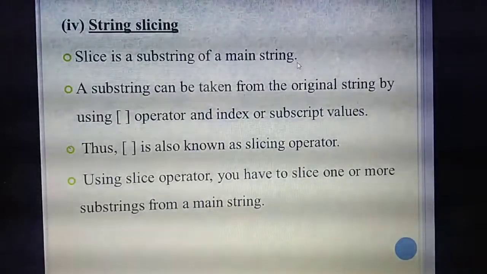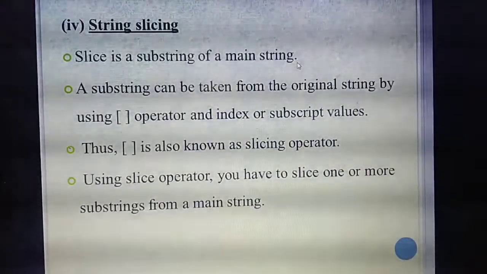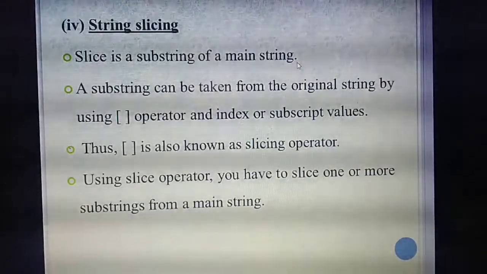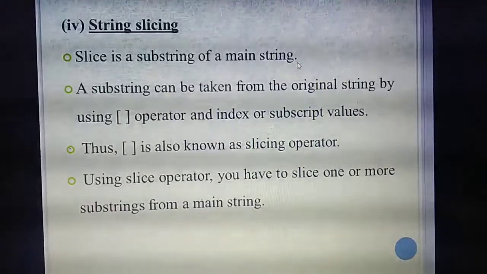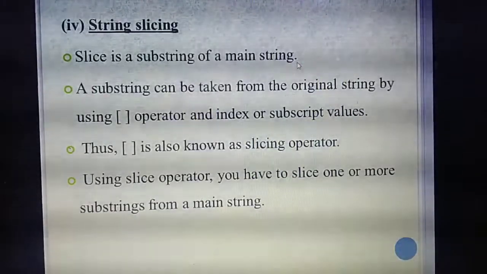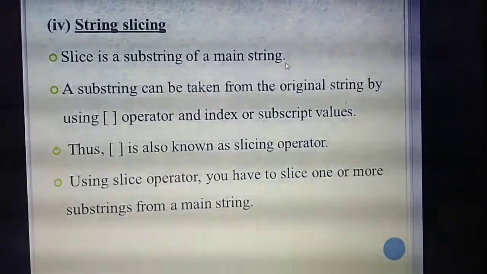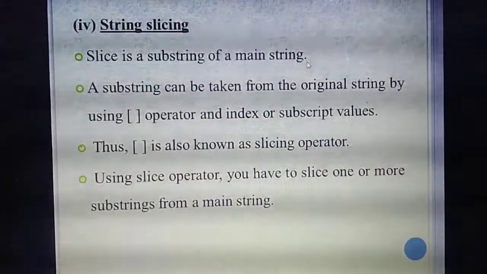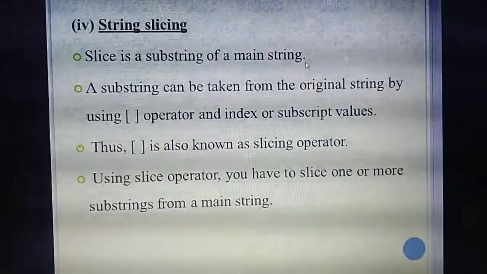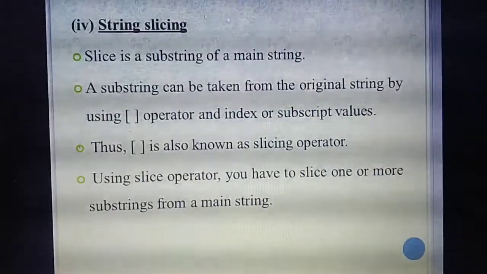Computer, C-O-M-P-U-T-E-R. Okay. So now understand what you mean by slice. Slice means you will cut or take some string from the main string. The string you are taking or cutting, that is called what? Substring. So the already given word, we are calling it the main string. Understand? So see the next point.